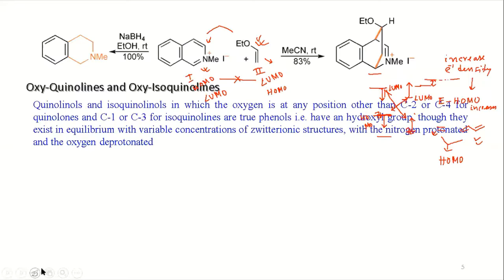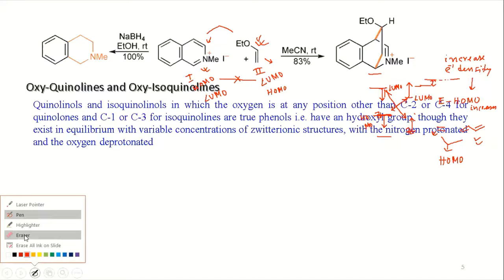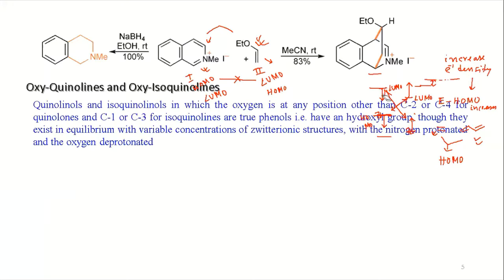Now, just let me clear it. Sir, why is this LUMO at a lower level, this first? No, you have the multiple unsaturation, right? So you consider this one, not lower in that sense.